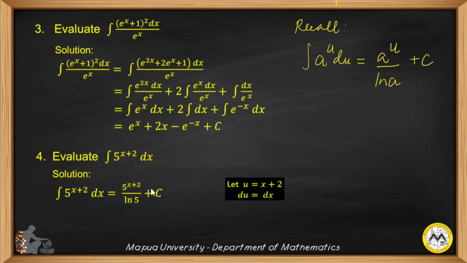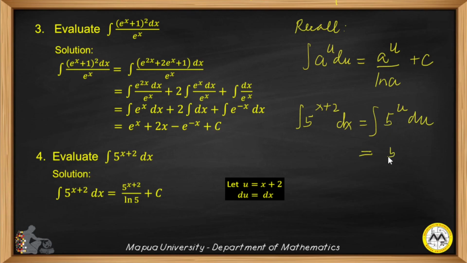And then by substitution, the integral of 5^(x+2) dx equals the integral of 5^u, where u is x plus 2, times dx, but dx is du. So using this formula, the base a is 5.